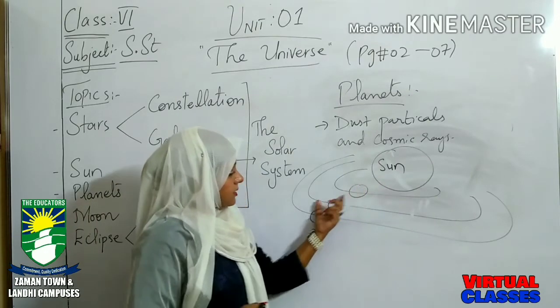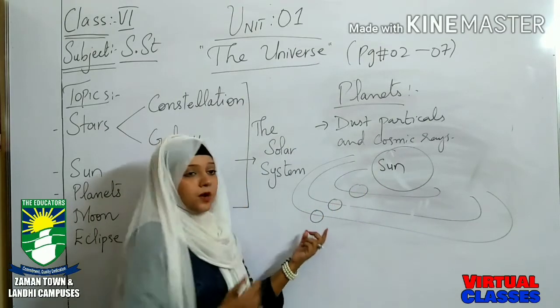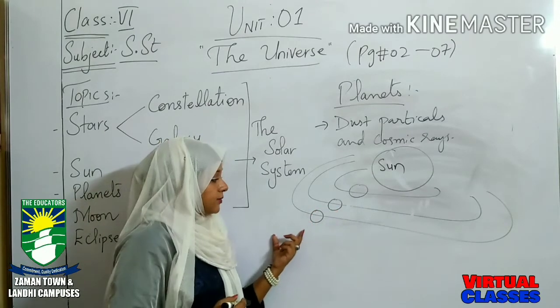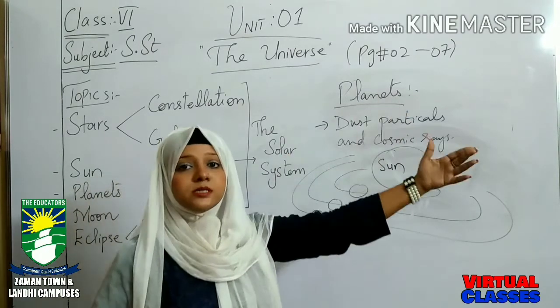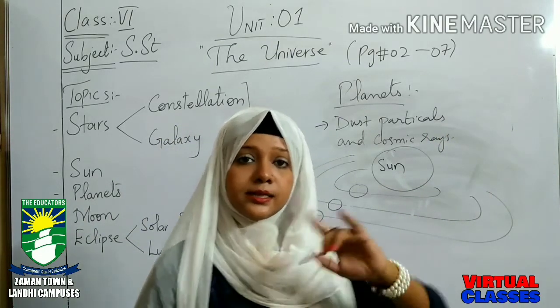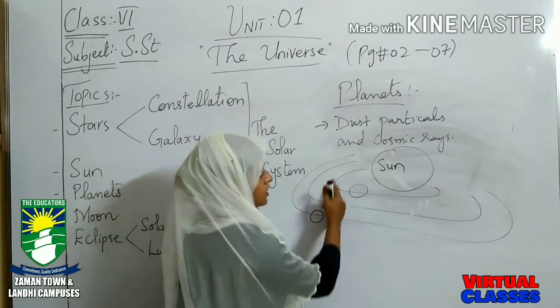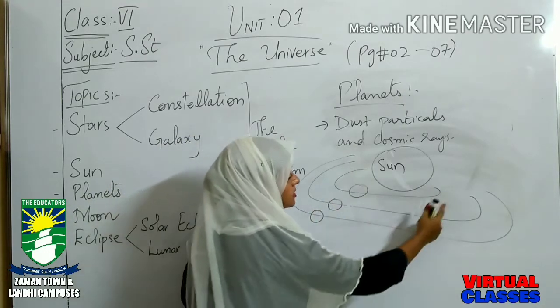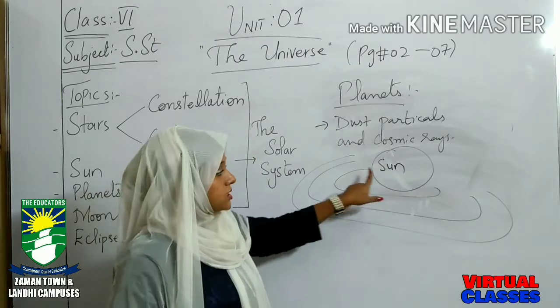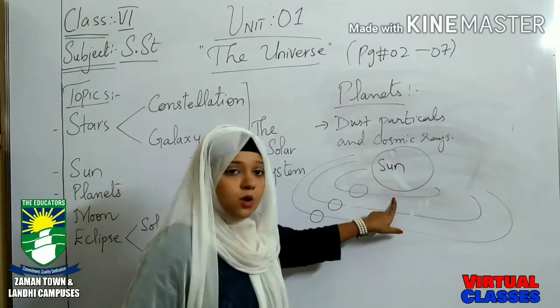As the planets go far from the sun, they become less hot, and the one which is farthest from the sun is the coldest one. In the same manner, their circular path, that is their orbit: the planet which is nearest to the sun has a smaller orbit.